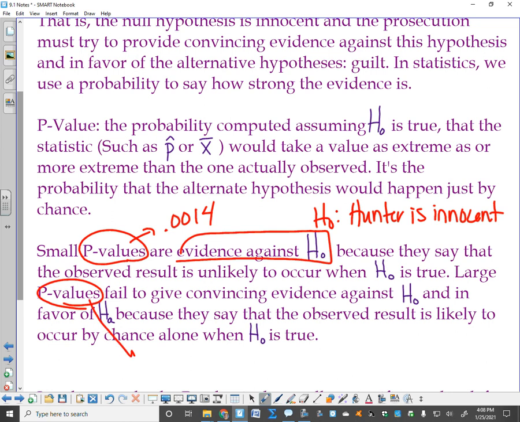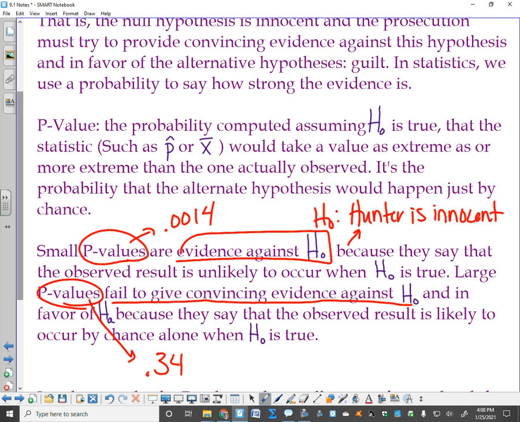So if my p-value is large, let's say 0.34, there's a 34% chance that that ladder could have slipped and fallen on me and killed me all by itself, just randomly. So that is failing to give convincing evidence against H sub O. We are failing to prove that this is false, because they're saying that it's likely that it just fell on me.